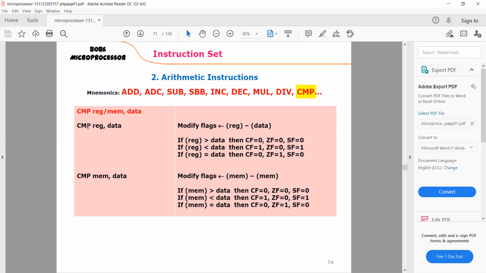But the source operand and destination operand will be changing for every instruction. These are the different ways in which we can use that particular instruction.